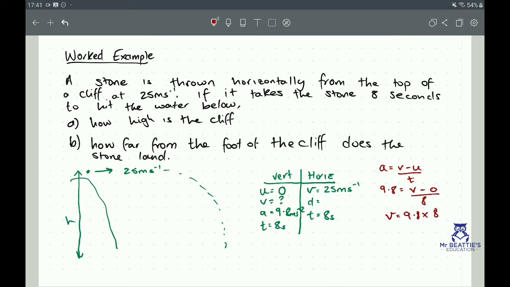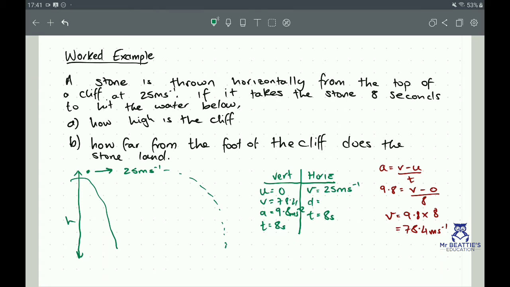And once we've got this answer, which is 78.4, we can put that into our table, okay? And I've gone and wrote the other things out, but we'll get there. Okay, and so we've got 78.4 going in there.